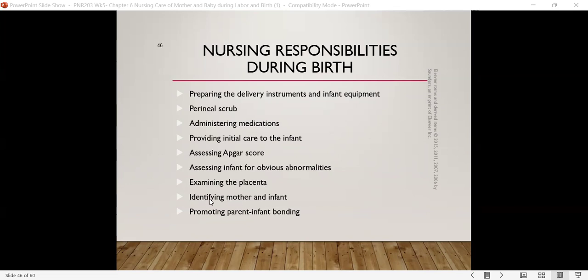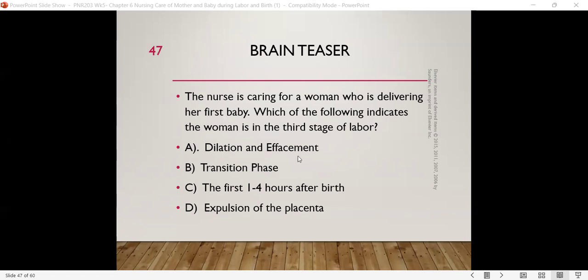And putting the identification bands on mom and dad, and then the baby. It comes in a set of 4. So 2 go on the infant, and then 1 on mom and 1 on dad, or whoever she selects as the primary person. And then promoting parent-infant bonding. Again, we want to make sure this baby gets bonding.